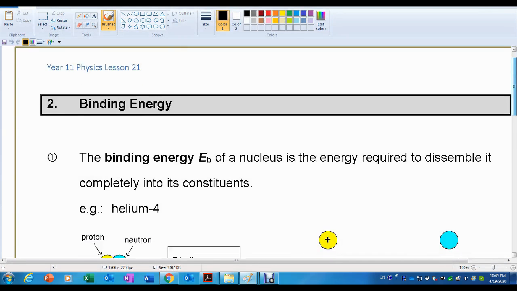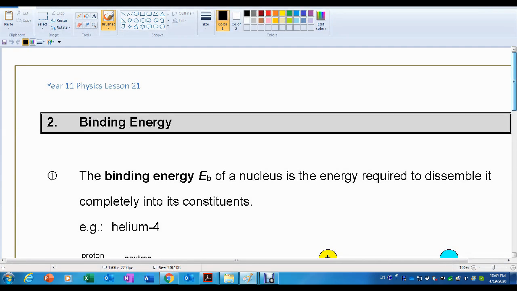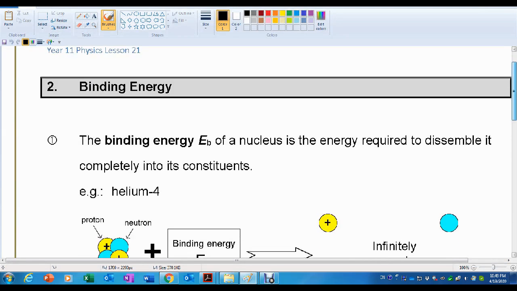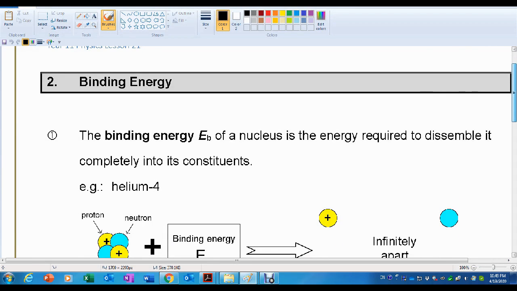So the next thing is about binding energy. When we look at the question, it seems it's related to getting something binding together, but actually the definition of binding energy is about how to disassemble, how to separate, how to split up a nucleus.